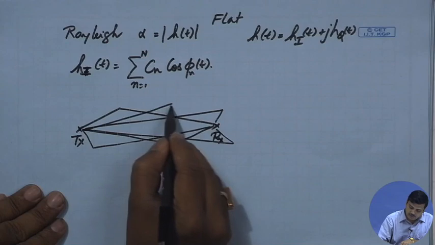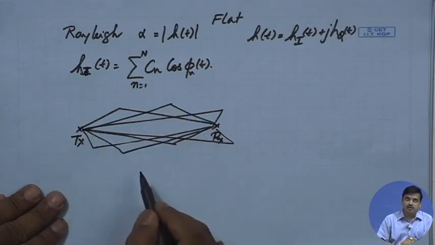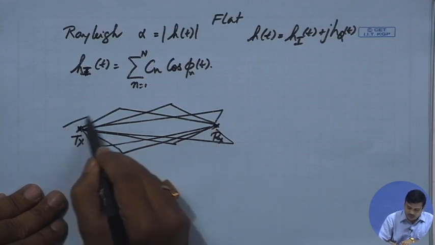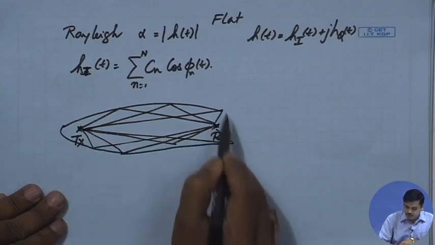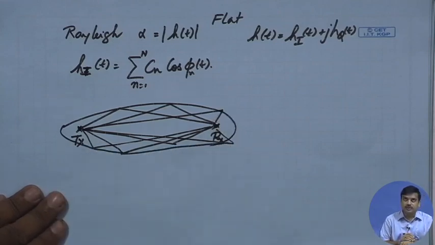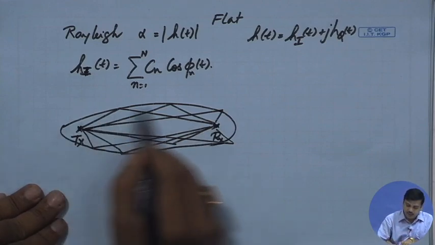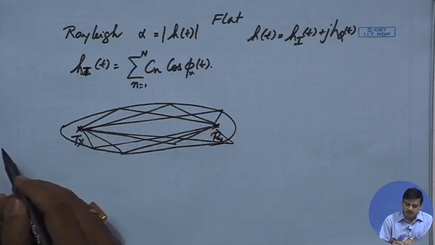However, the propagation delay for these paths is almost the same, and that would happen if the reflectors or scatterers, the objects on which the signal impinges and gets dispersed, lie on an ellipse whose two focal points are the transmitter and the receiver.